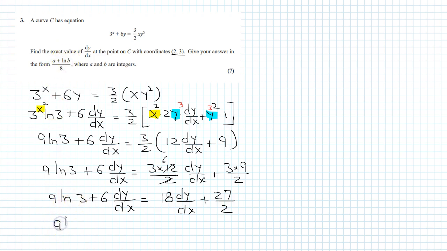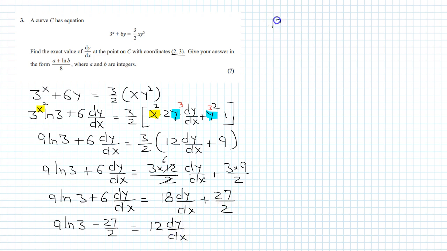So 9 ln 3, not plus, we are changing the sides, minus 27 over 2 is equal to 18 dy over dx minus 6 dy over dx. So this is 12 dy over dx.